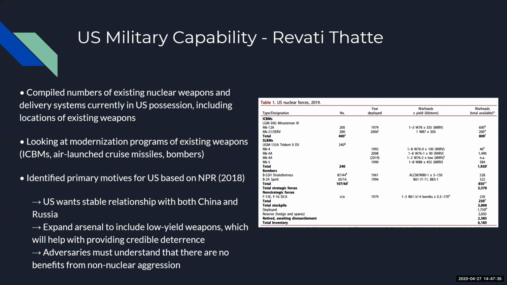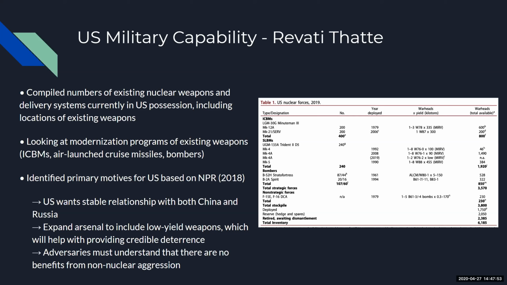Like previous teams have noted, our nuclear arsenal is aging and in need of repairs. So there are a lot of programs working on updating delivery systems, specifically looking at ICBMs, air-launched cruise missiles, and bombers.